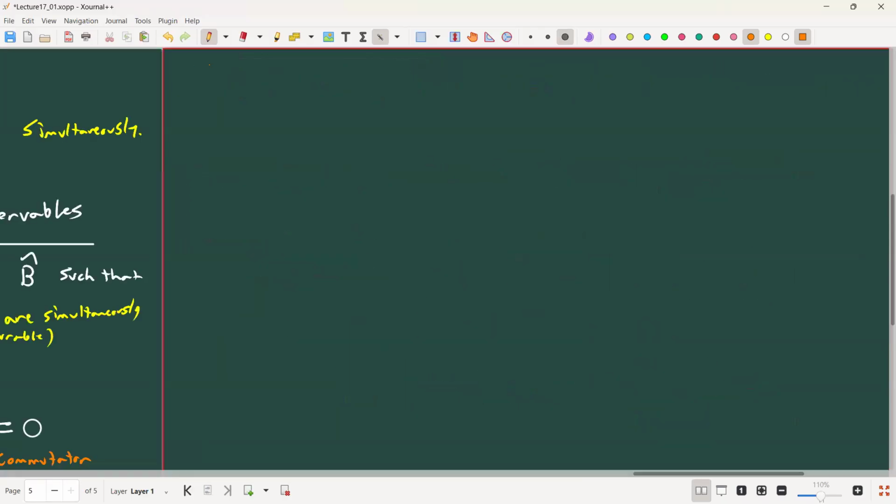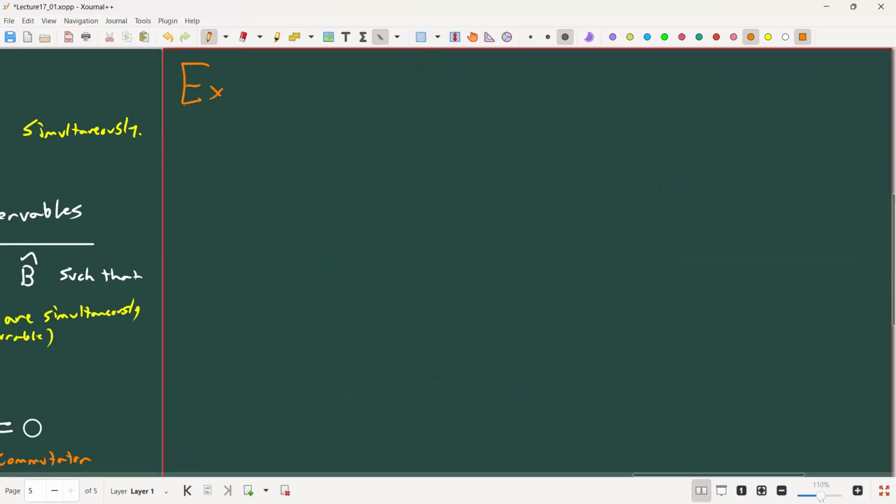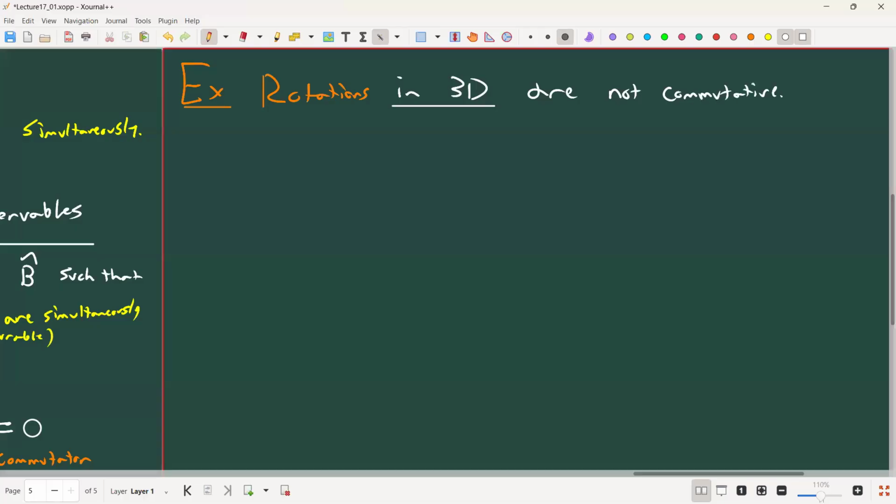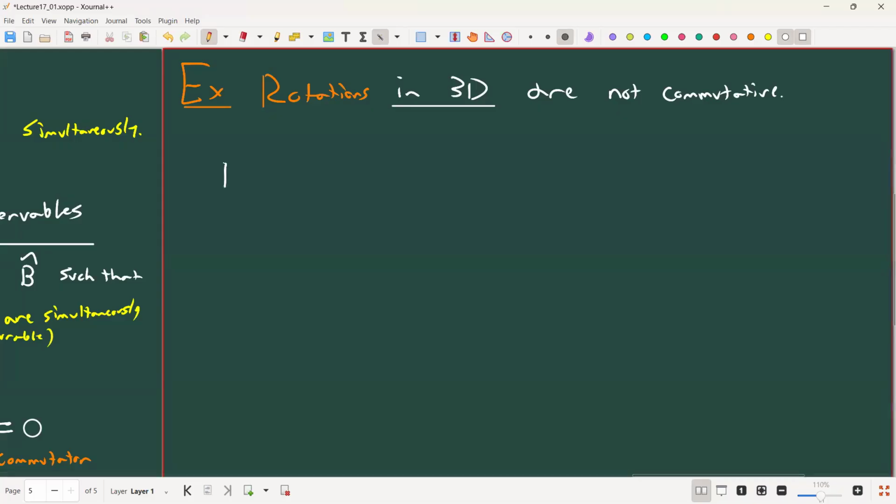All right, so let me give you an example. Rotations in 3 dimensions are not commutative. I can show this to you really easily. Here's a book. Here's the front of the book.